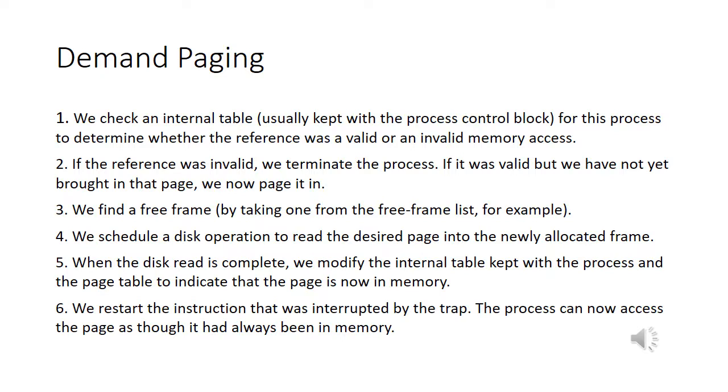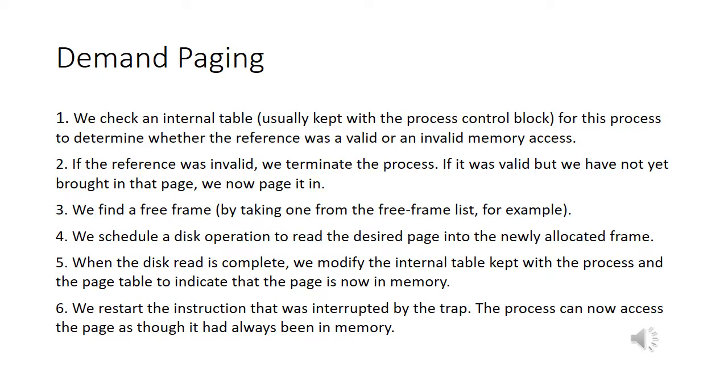If it was valid but we have not yet brought in that page, we now page it in. Then the third step is we find a free frame by taking one from the free frame list. Then we schedule a disk operation to read the desired page into the newly allocated frame.